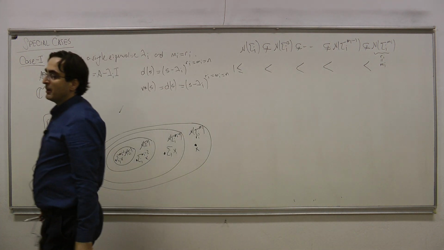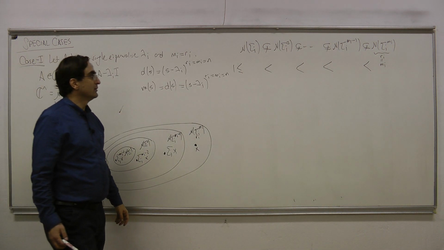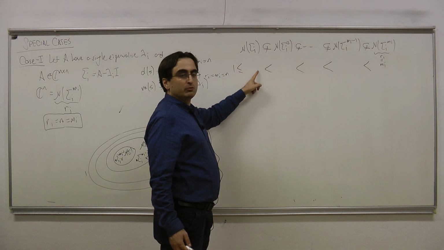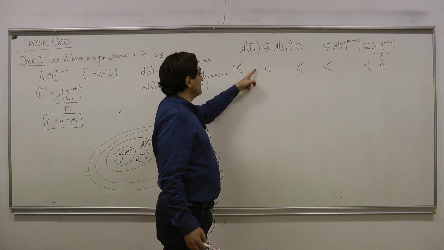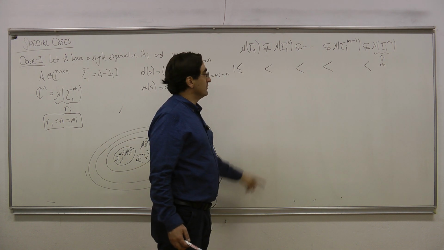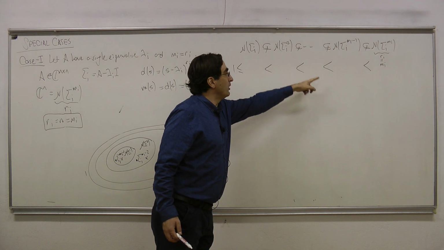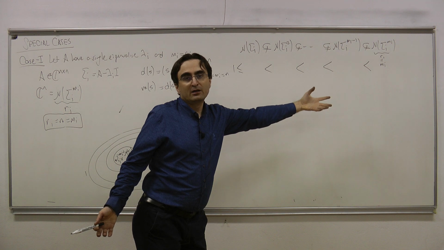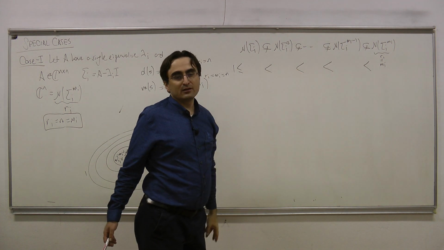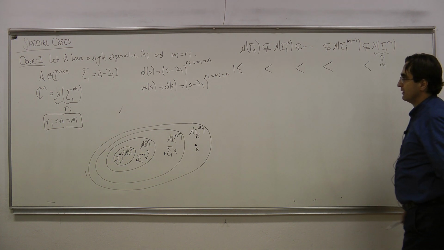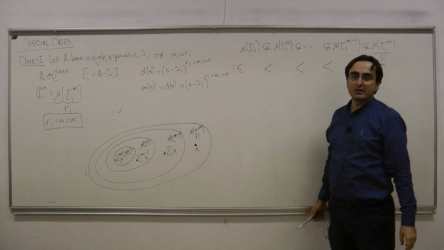Now what can you say about these dimensions? For example, can the dimension of null space of sigma I be equal to 2? If I start at 2 and suppose that the increase is just equal to 1, 2, 3, 4, at the end you're going to reach mi plus 1. So the largest dimension that you need to have is going to be mi plus 1. So even this one cannot be equal to 2.